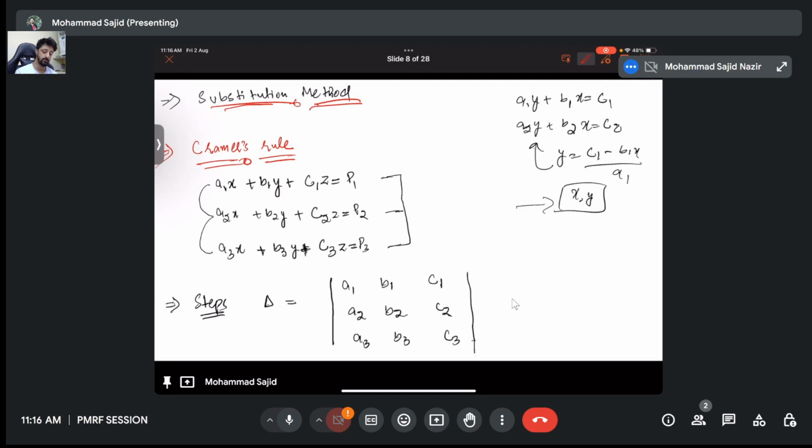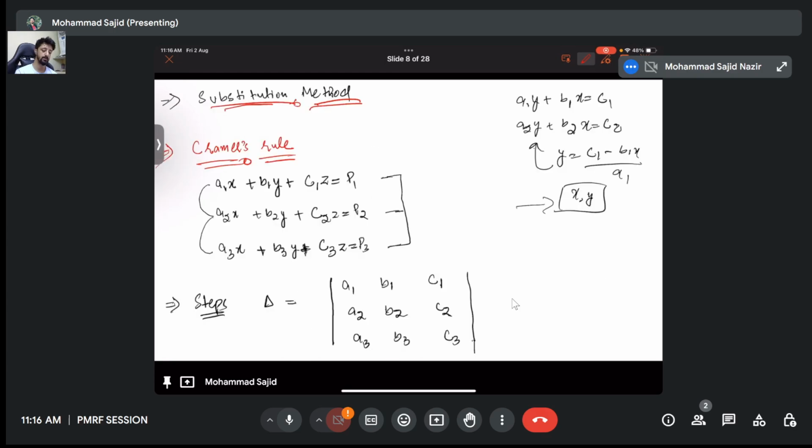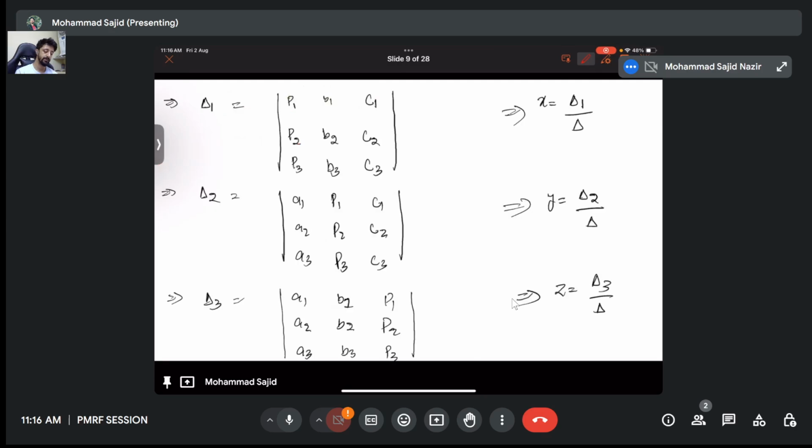If you find this, then write delta 1, delta 2, delta 3. And how do you find delta 1, delta 2, delta 3? You just replace that column by the right hand side constants, these p1, p2, p3. Delta 1, replace the first column, delta 2, replace the second column, and delta 3, replace the third column.